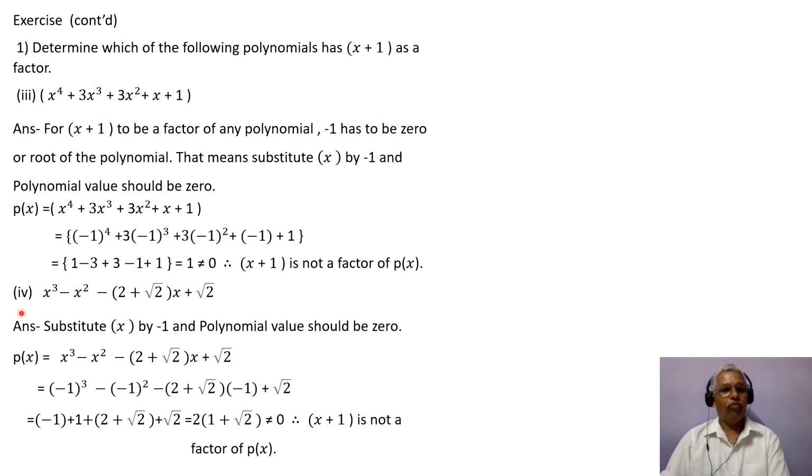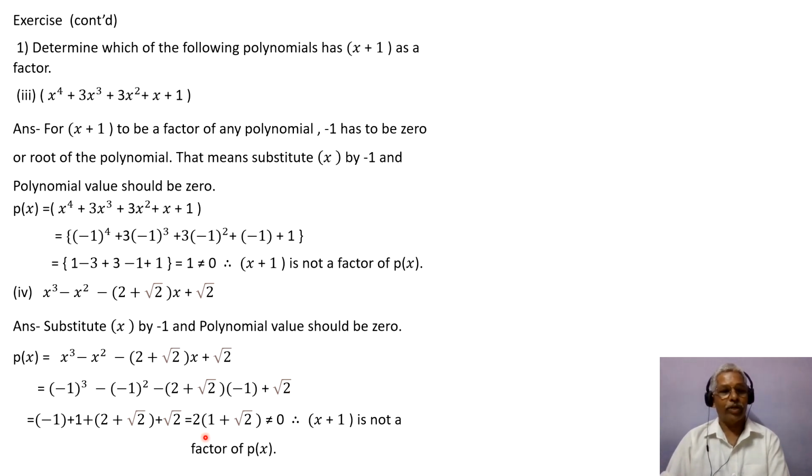Fourth one, x cube minus x square minus bracket 2 plus root 2 close bracket x plus root 2. To substitute x by minus 1, I'm doing it: minus 1 cube minus minus 1 square minus 2 plus root 2 into minus 1 plus root 2.